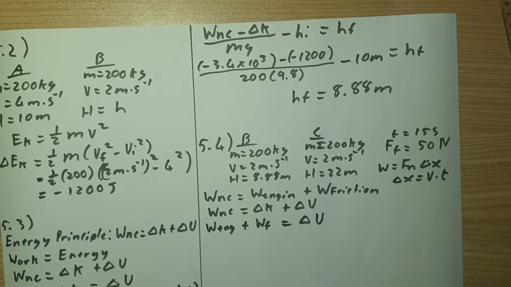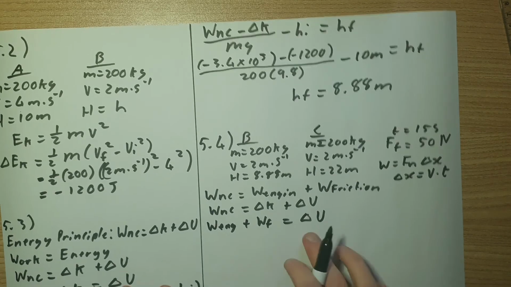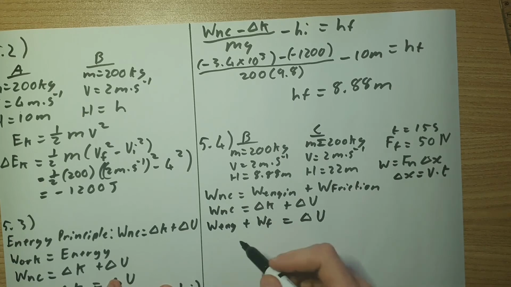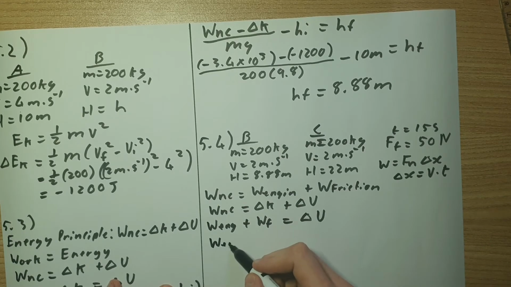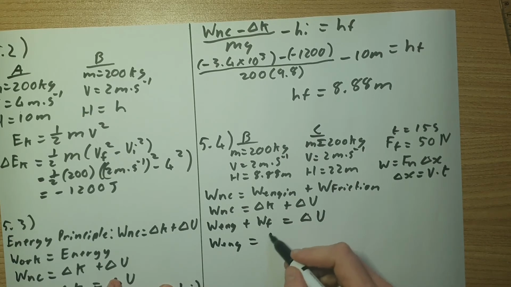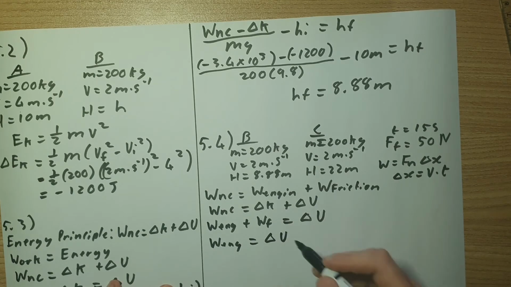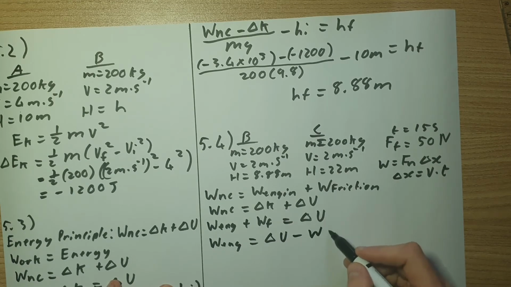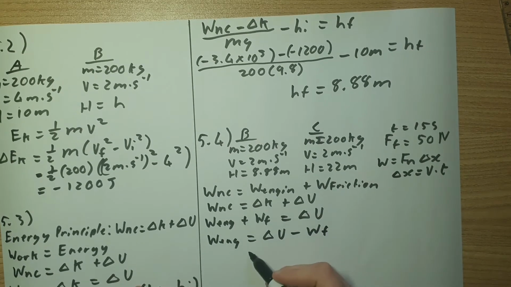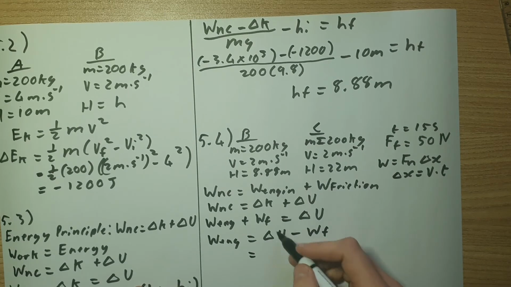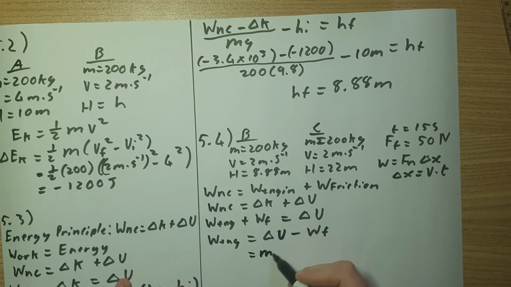So if we rearrange everything to find the work of the engine, we're just going to have work of the engine equals change in my potential energy minus the work done by friction. So this again is going to be change in height. So that's mg times h final minus h initial.